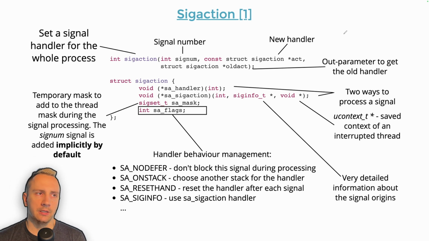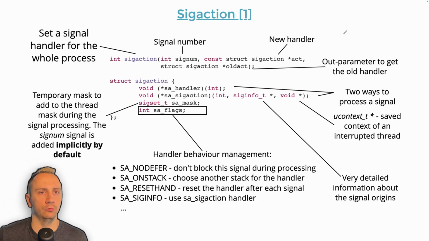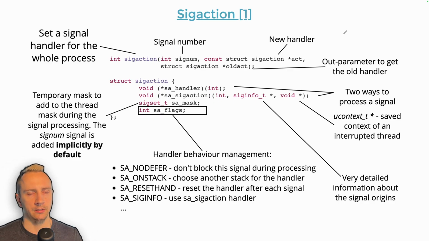Or SA_ONSTACK. With this flag, you can choose to run your signal handler on a custom stack, not on the stack of your current thread, which can be very helpful. For example, if your stack is small and you want to place something big on the stack, or when you are handling, for instance, segmentation fault.